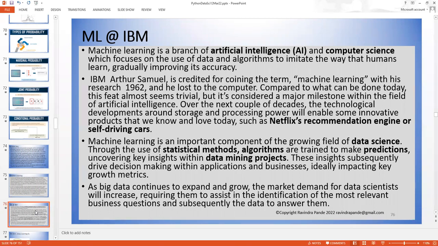Again, these business questions are the requirement, and subsequently the data to answer them or build data solutions as an answer for these requirements. That's why the data scientists are analyzing the data continuously, they are researching the data continuously, and they are building the solution for the given problem.